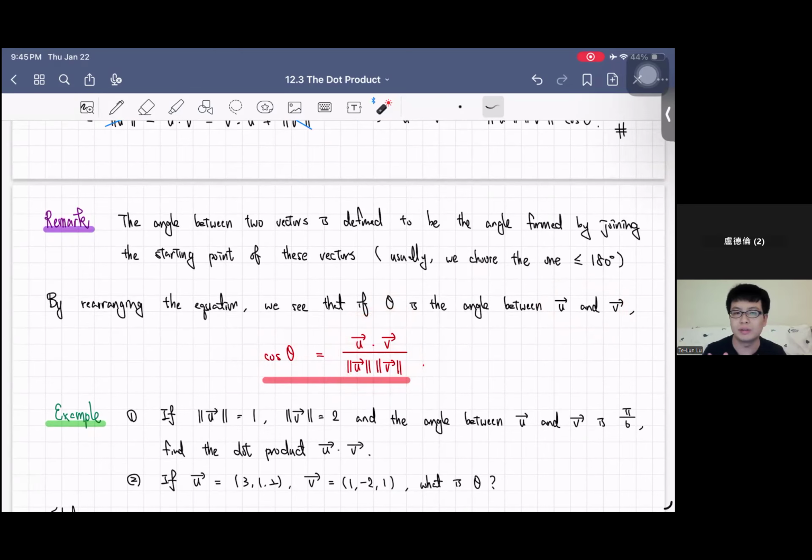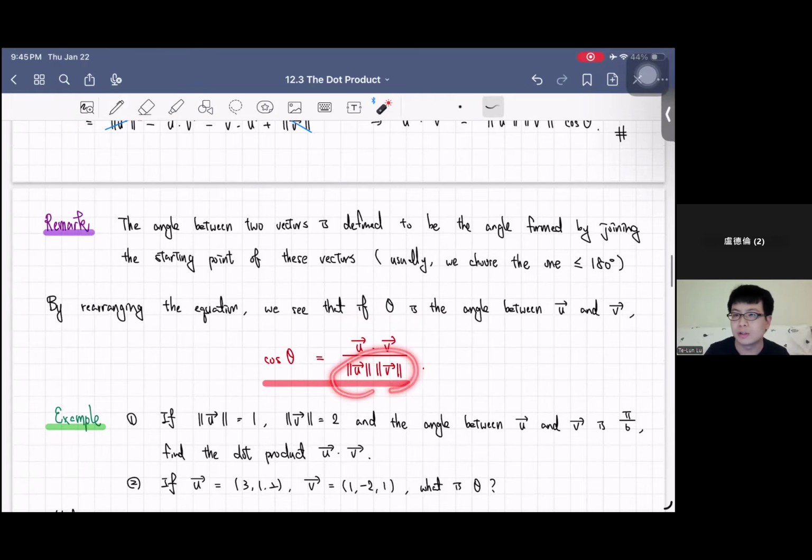You get a cosine as a number, so you can figure out the angle, right? What this theorem tells you is that through pure algebraic computation, by the algebraic definition, U1 V1 plus U2 V2 plus U3 V3, and those are also defined purely algebraically. You can compute the magnitude of a vector by squaring each entry and taking the square root, right? So through all those algebraic operations, you can get the cosine value for the angle that we desire, right?